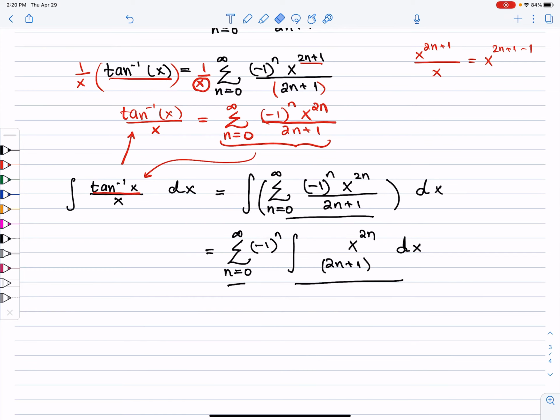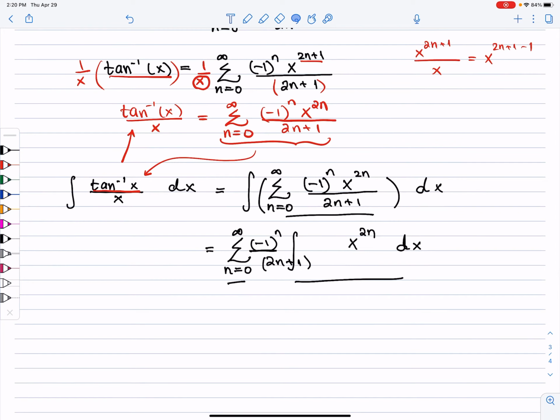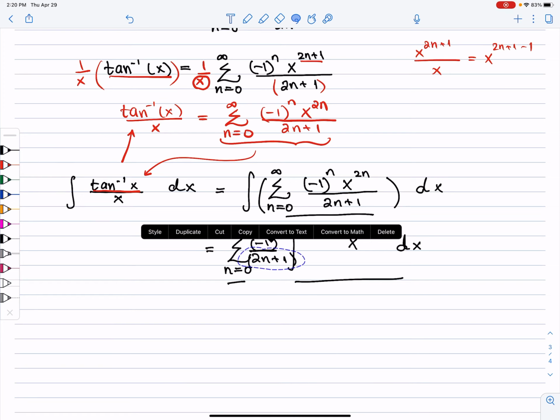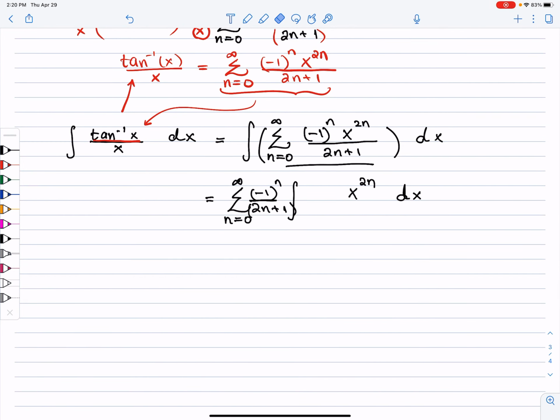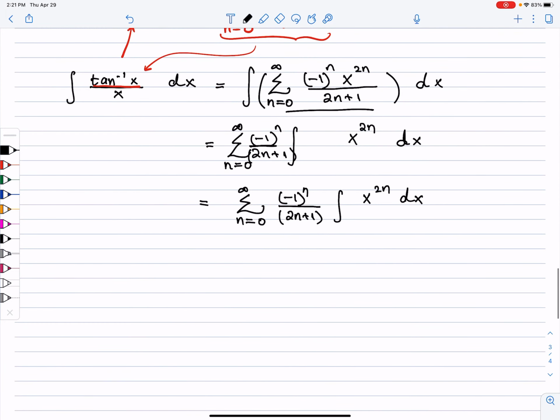And the 2n plus 1 in the denominator is also a constant because you're integrating with respect to x, right? So we can take that out. We have sigma, as n goes from 0 to infinity, negative 1 to the nth over 2n plus 1, and then we have the integral of x to the 2n dx, which is what?